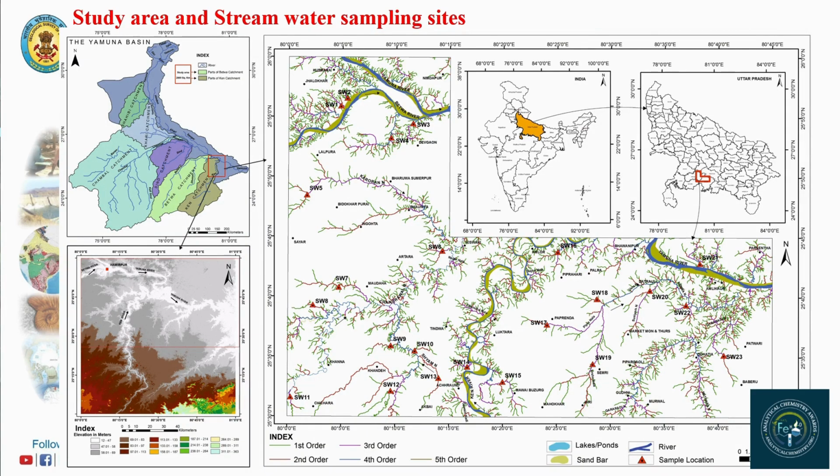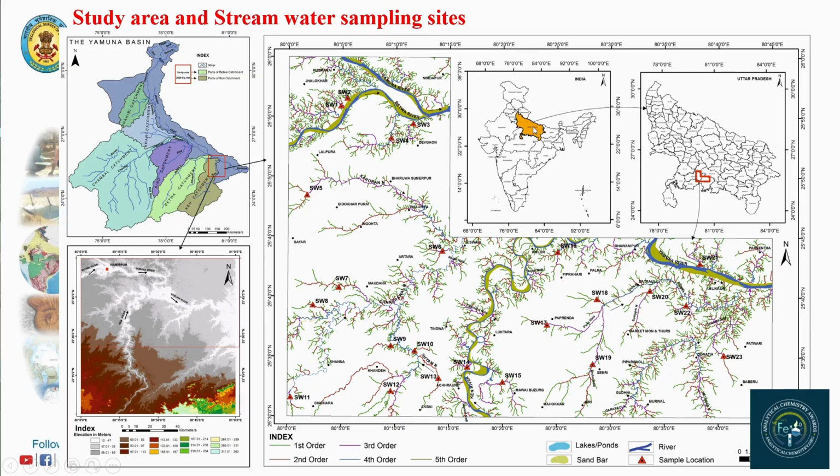This is the figure. This is the study area and stream water sampling sites. We can see in the inset, this is the catchment area of the Yamuna basin. There are different catchments and different shades, and this is the area marked. This is our study area, and this is our Indian continent, and the area is marked here.